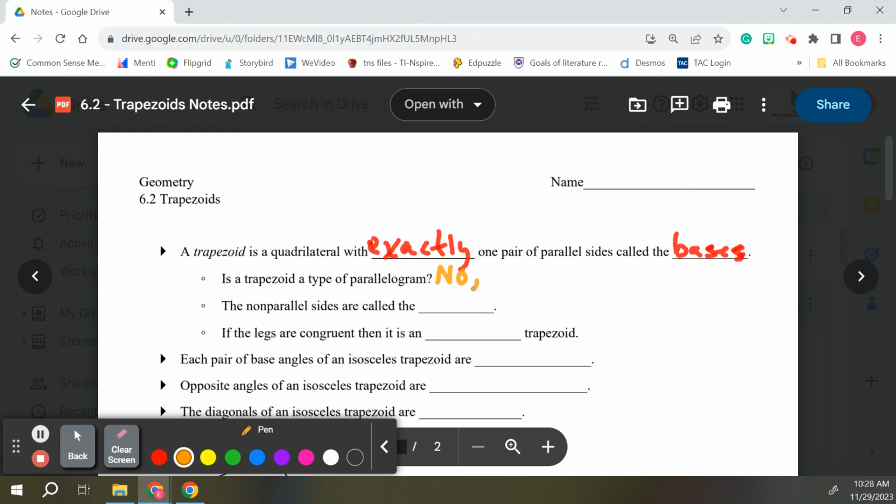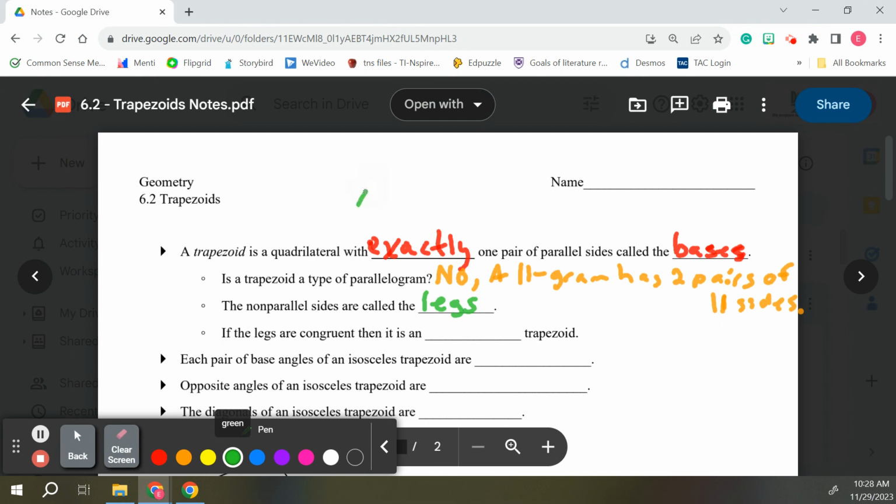And it's because a parallelogram has two pairs of parallel sides. Trapezoids only have one. So the non-parallel sides are called the legs.